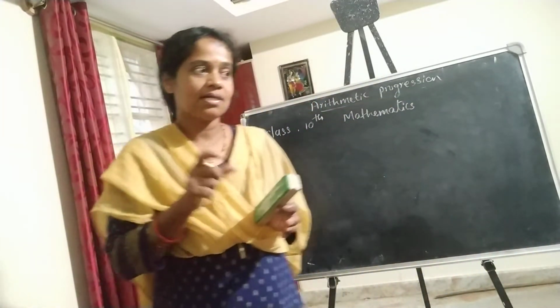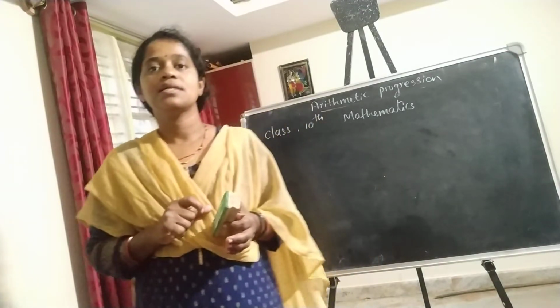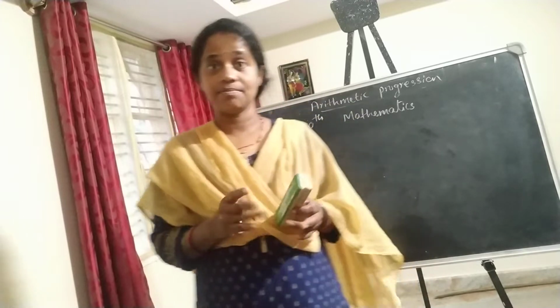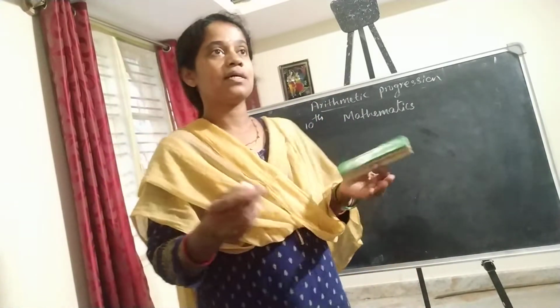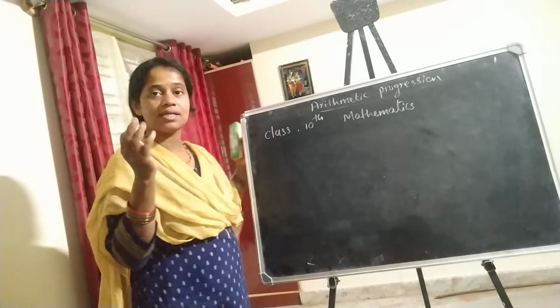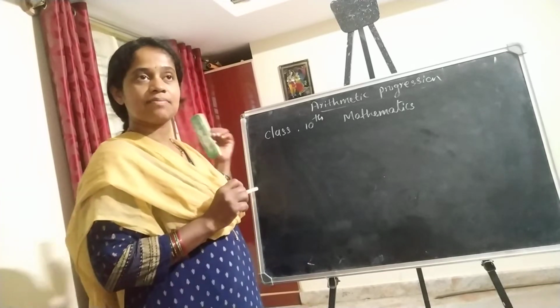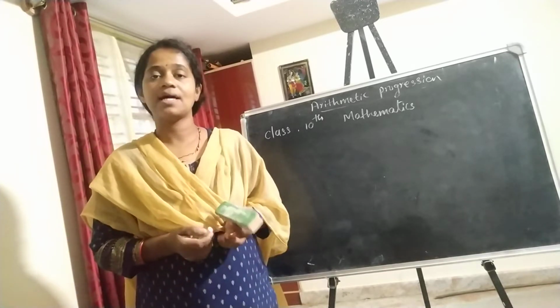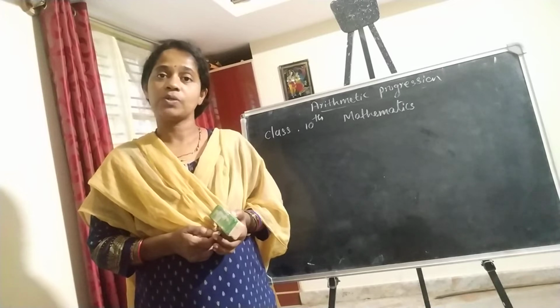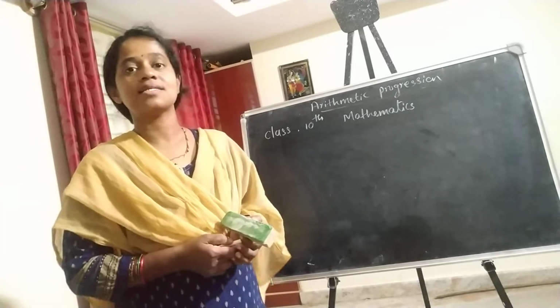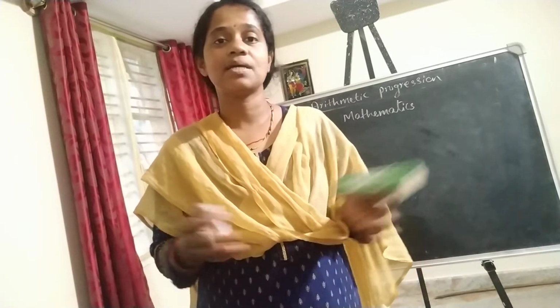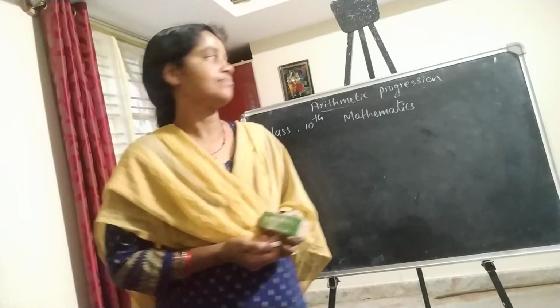Likewise, in the number system, you have studied the types of numbers in previous classes: natural numbers, whole numbers, integers, rational numbers, irrational numbers, and many other kinds of numbers.